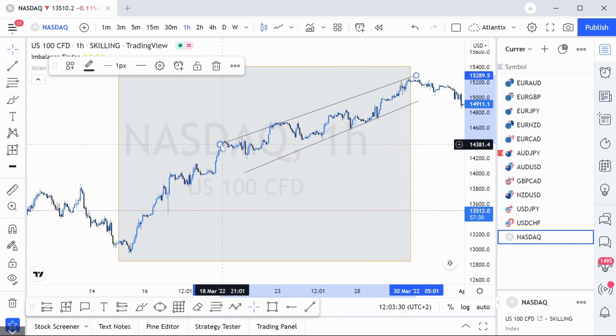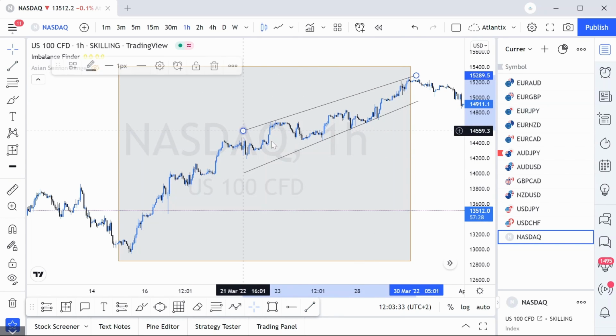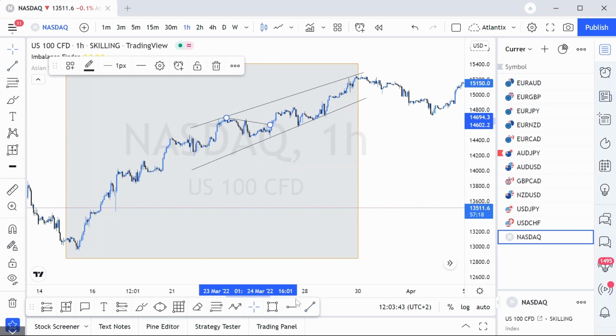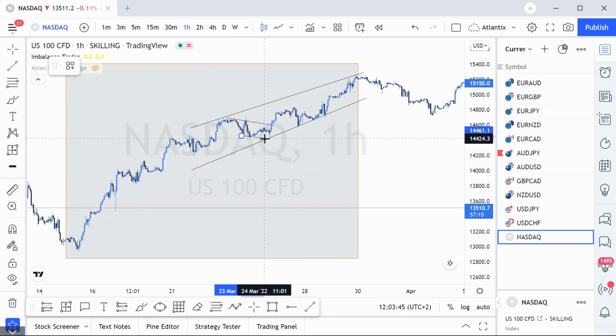Okay, I cut too many bodies here, but let me use this section. You can see that we've got a strong move up, but within that strong move, we've got a weird move in the opposite direction that's taking place over there. It's a correction over there, right? Over here, we have the same thing.